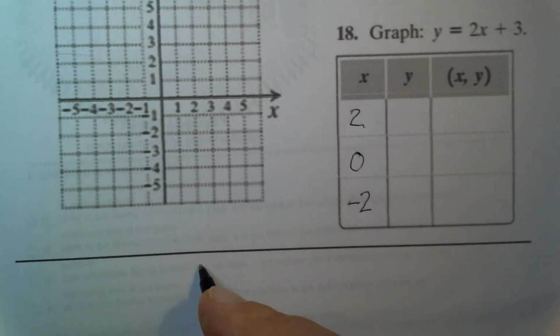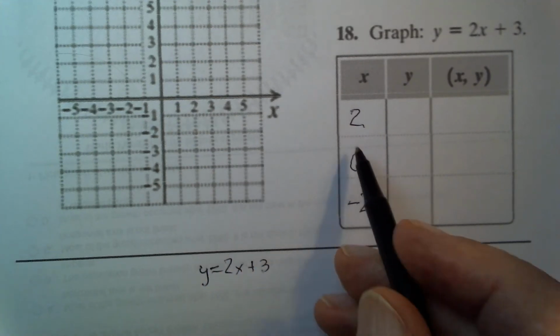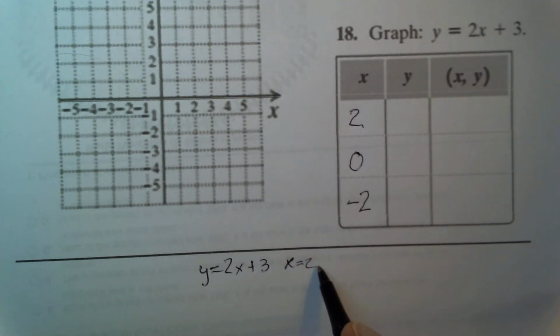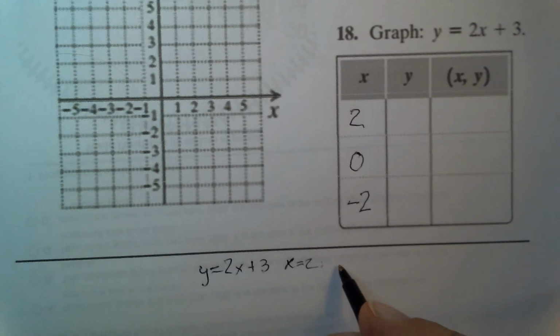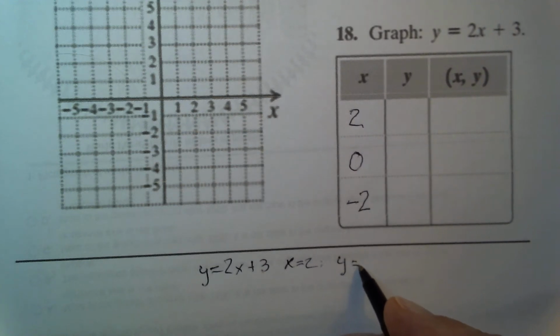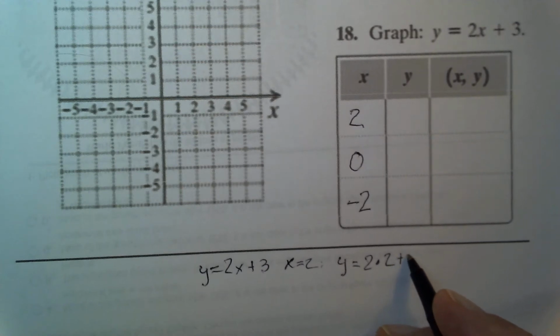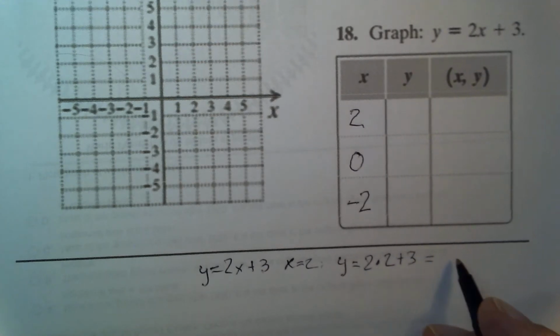Let's rewrite the equation, y equals 2x plus 3, and use the first value, x equals 2. Then y equals 2 times 2 plus 3, and that means y equals 7. 2 times 2 is 4, plus 3 is 7.